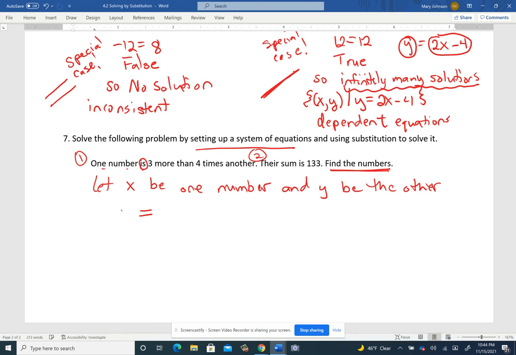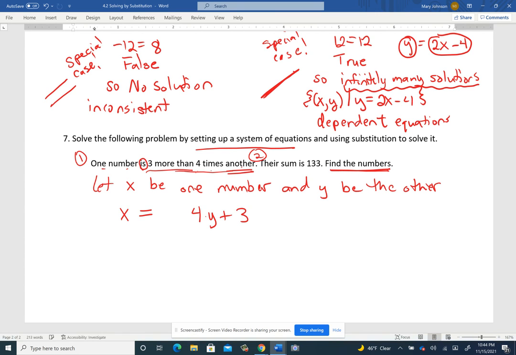One number, I'll let that be my x. Then I need to translate 3 more than 4 times another number. So y is the other number. Remember how you start where the variable is? Then you do 4 times that. That's 4y.